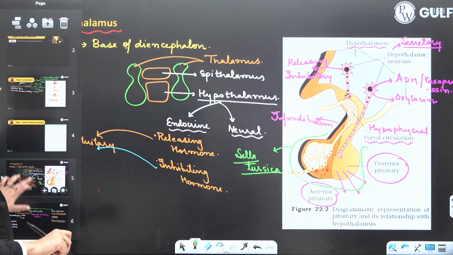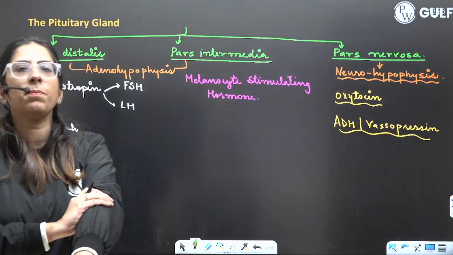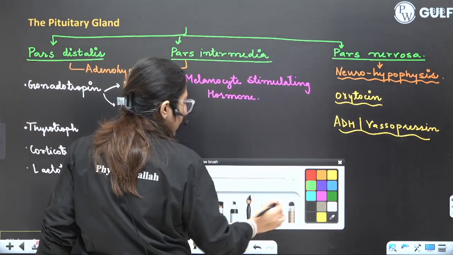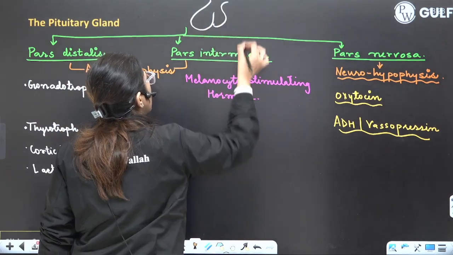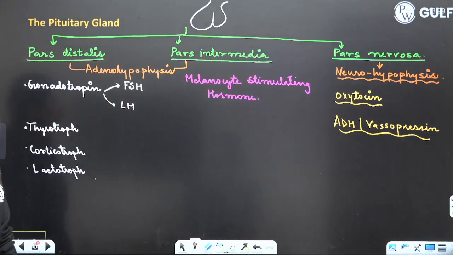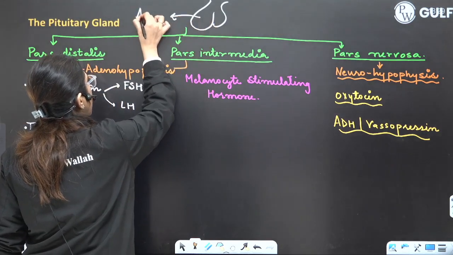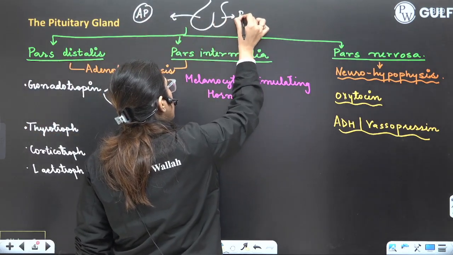Now moving on to the next. Let's talk about the pituitary gland. The diagram was somewhere like this. This is the AP, anterior pituitary, and this is the PP, posterior pituitary.